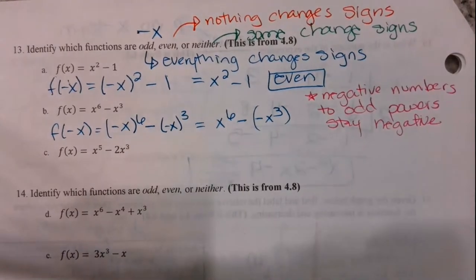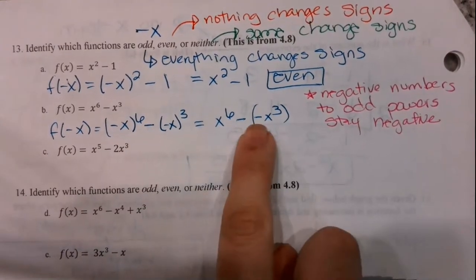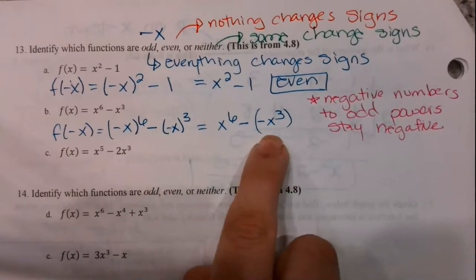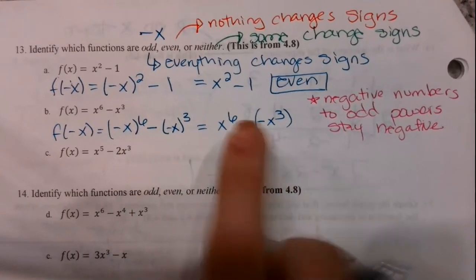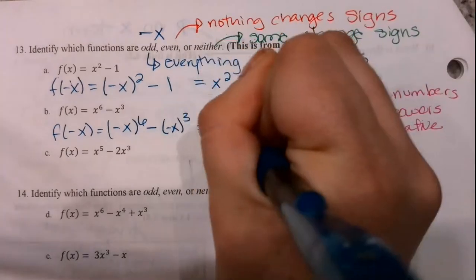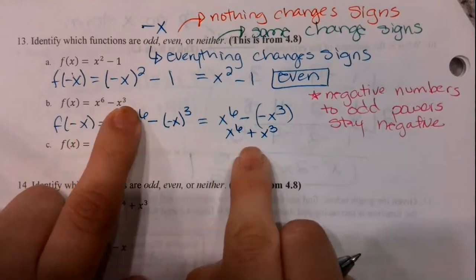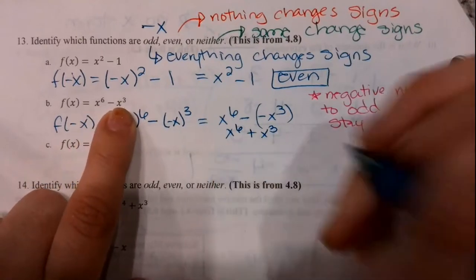Okay. This one, because I pulled the negative out front, because before the negative was just with the x, now the negative is out in front of the x, it's going to change and make it go to x to the 6 plus x cubed. This stayed the same sign, but the x cubed didn't, so this one is neither.